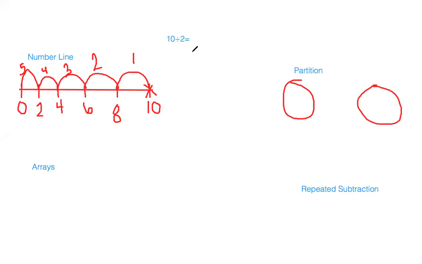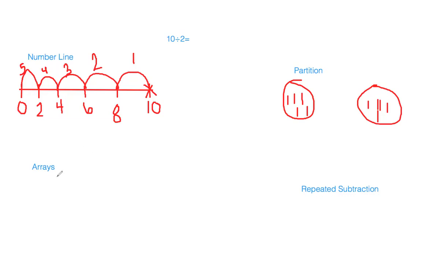So I have 2 groups, and I'm going to partition one at a time these 10 pieces. So I'm going to count 1, 2, 3, 4, 5, 6, 7, 8, 9, and 10. And so in each of my groups, I have 5. So 10 divided by 2 is 5.